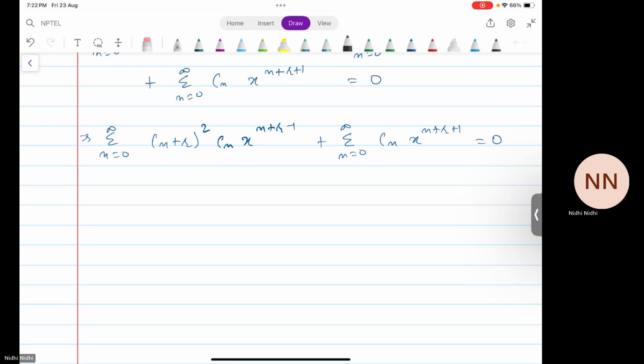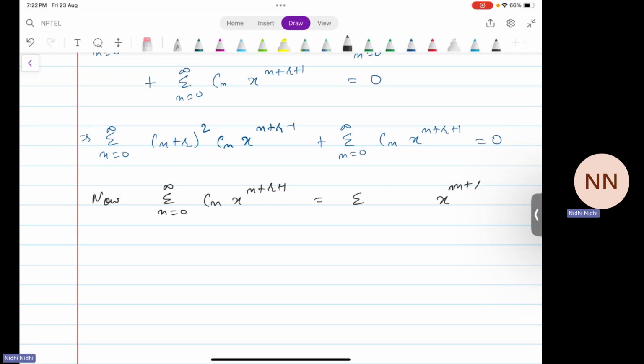Now, summation n from 0 to infinity Cn x to the power n plus r plus 2, we want it to be of the form x to the power m plus r, if we put some m.